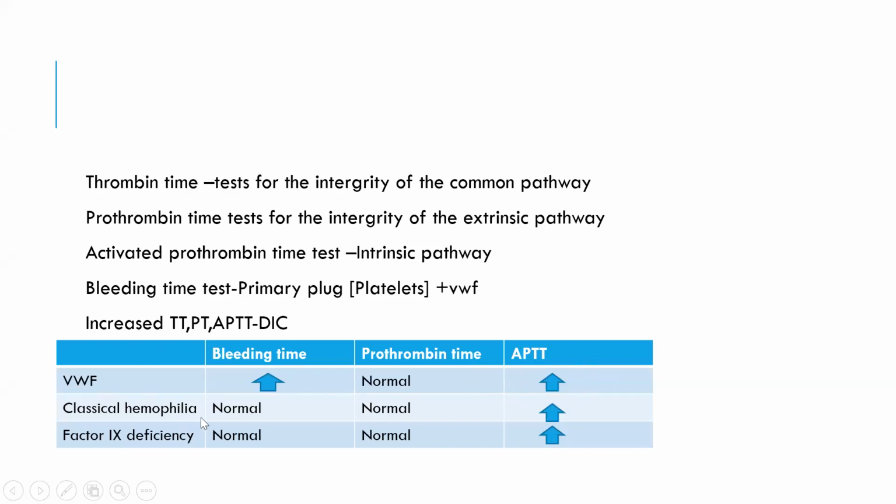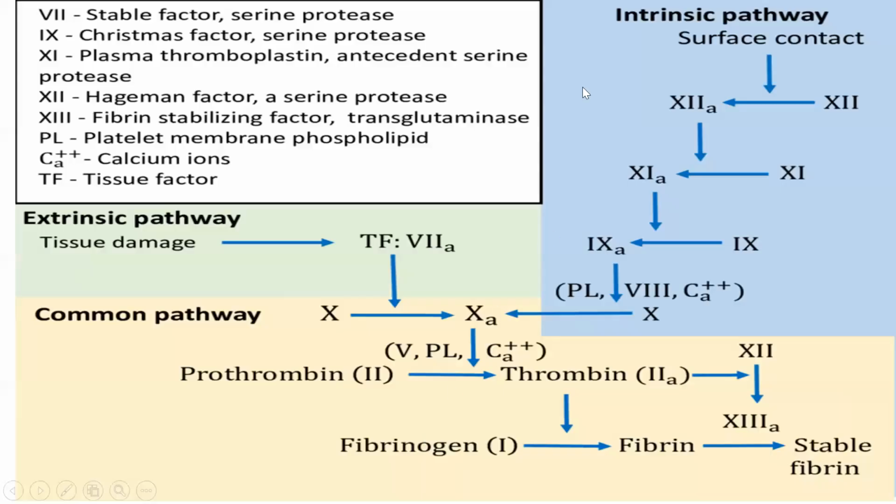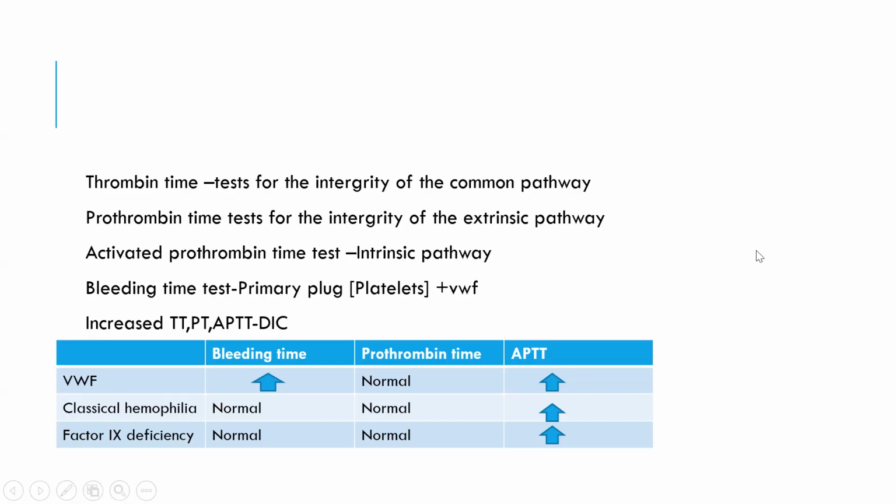Classic hemophilia is a deficiency in factor 8. As I've just said, factor 8 is involved in the intrinsic pathway. So bleeding time will be normal, prothrombin time will be normal, and the APTT will be elevated. Then factor 9 deficiency: bleeding time is normal, prothrombin time is normal, and factor 9 is also in the intrinsic pathway, so APTT will be elevated.